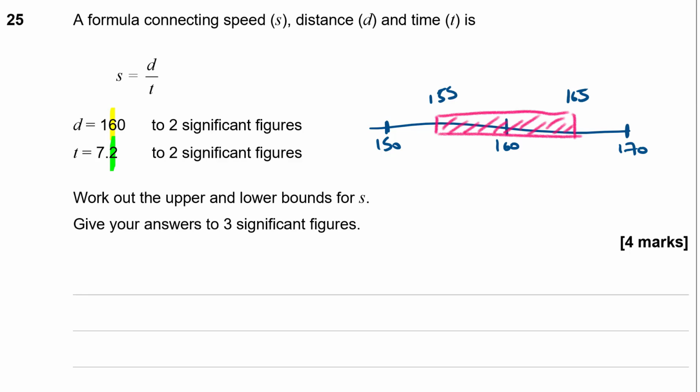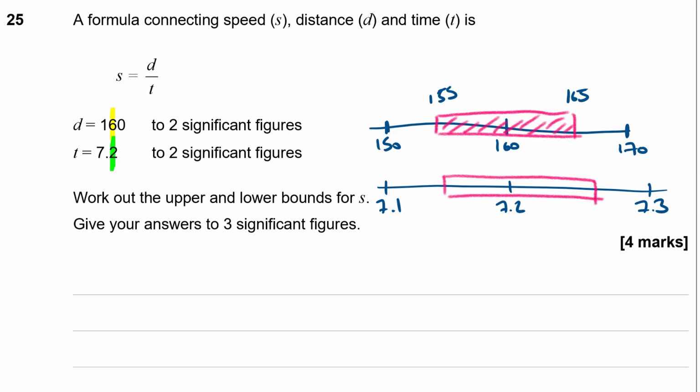Now if I do a similar sort of thing, if I draw a number line and I mark 7.2 and I mark either side of that the possible next two marks on my scale, so 7.1 and 7.3, we should be able to see that the numbers that round to 7.2 start at 7.15 and go up to 7.25. Okay, and then all the numbers in between that round to 7.2.